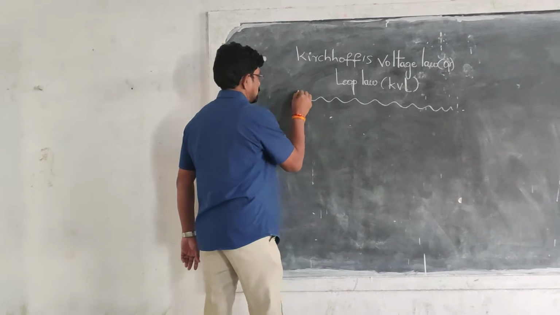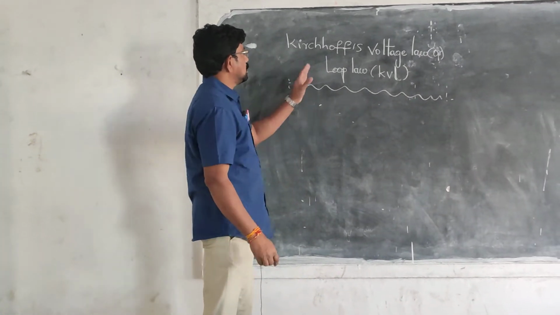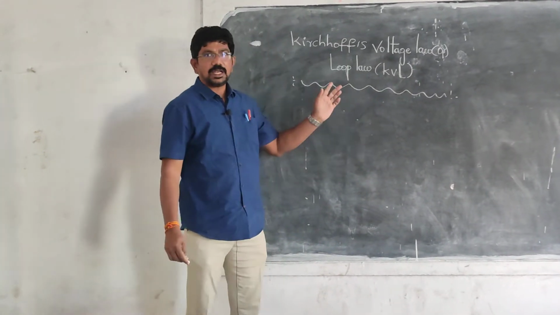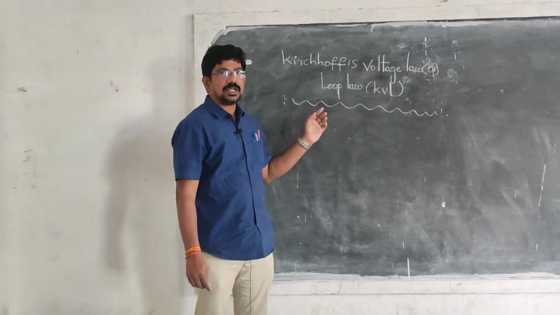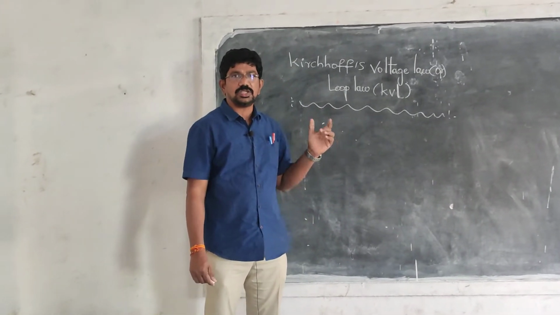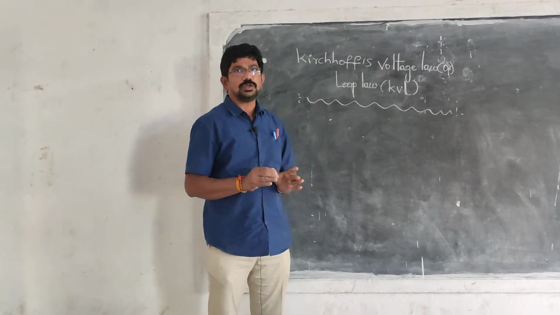What does this law say? We studied Kirchhoff's first law in our earlier class. Kirchhoff's first law says that the algebraic sum of all the currents at a junction or a node is equal to 0.